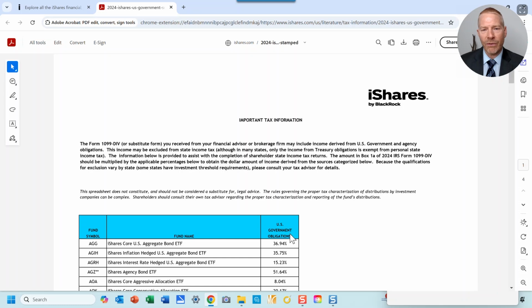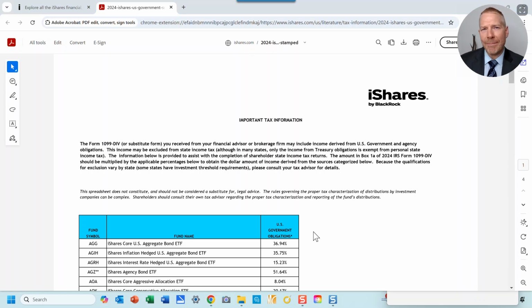from U.S. government obligations. Front and center, we see AGG, U.S. Aggregate Bond ETF, 36.94%. So what that means is that almost 37% of the dividend from AGG is going to be state tax exempt.